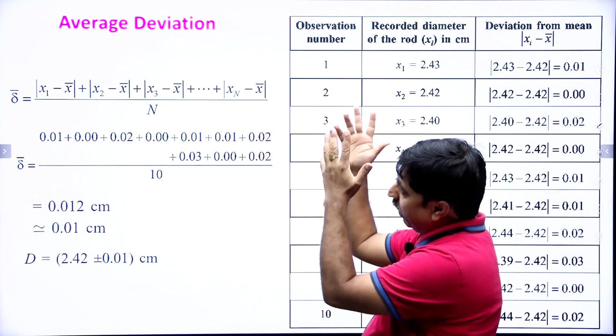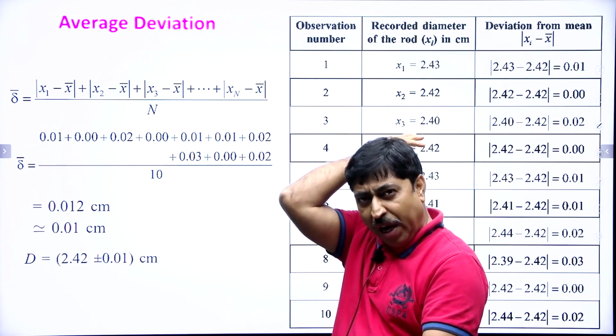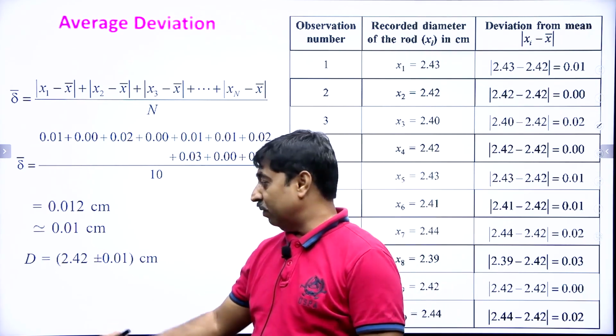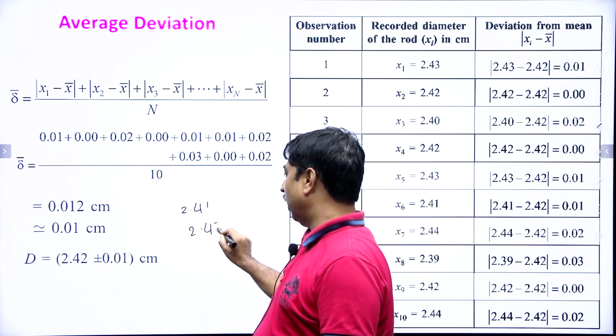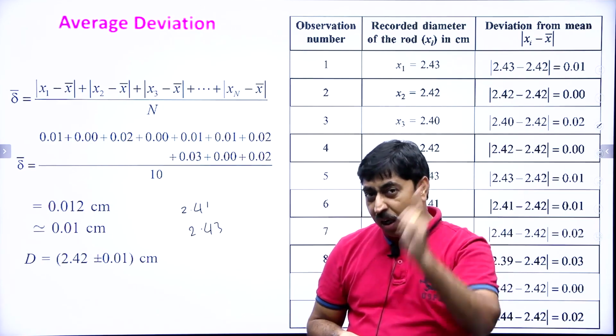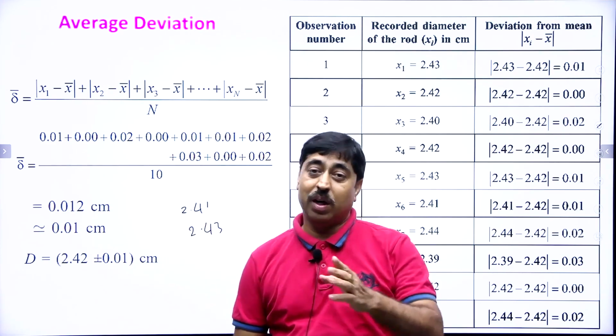Now, is this the best way of estimating the uncertainty? Am I 100% confident that diameter of this rod is somewhere between 2.41 to 2.43? If you again put a gun on my head and ask me, are you 100% confident that diameter of this rod is somewhere between 2.41 and 2.43?